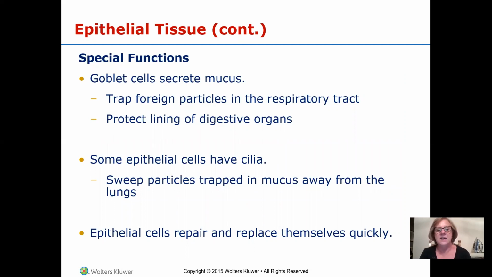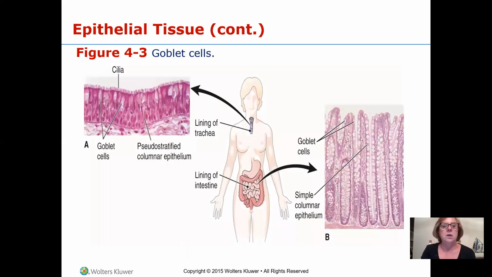And then some of these cells have some cilia, which you will find in your respiratory tract, and they sweep some particles up out of the way from the lungs, and they are capable of repairing and replacing themselves quickly because of abrasion. So here are some examples of some goblet cells that you'll find. Okay, so they are found in the lining of the trachea and in the intestine.